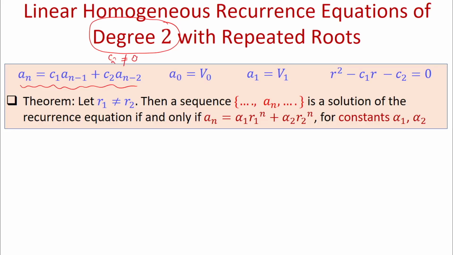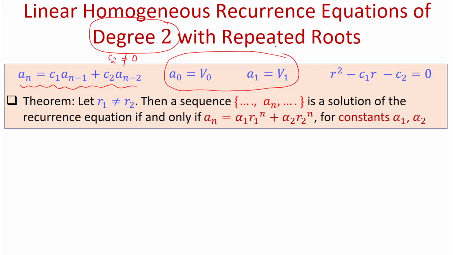And you may or may not be given the initial conditions. If you are not given the initial conditions, then we will end up with the general form of the solution. That means any sequence which will satisfy this recurrence condition, what will be the general form or the nth term of that sequence, we will end up with that. But if you want to find out the exact sequence, then we have to utilize the initial conditions as well.